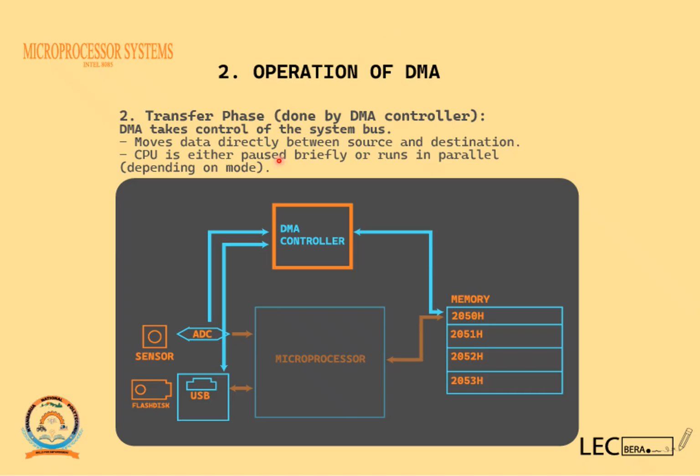In this phase, the data is transferred between the source, which can be either the sensor or the flash disk connected to our microcomputer environment, and the memory. So it moves data directly between source and destination. The CPU is either paused briefly or runs in parallel depending on the mode.